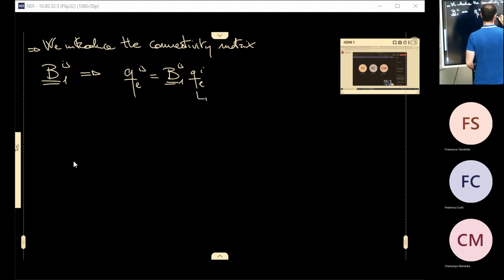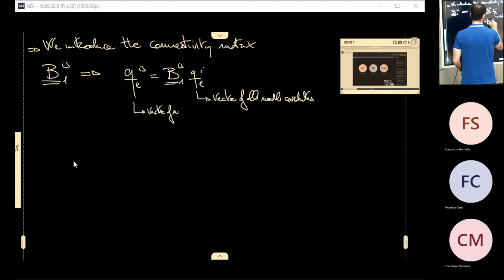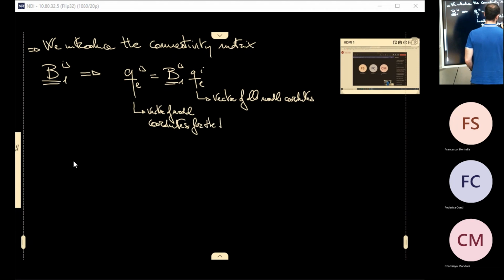So again, this is the vector of all nodal coordinates. And this is the vector of nodal coordinates for the j element.